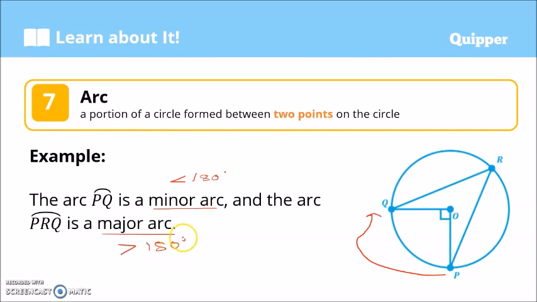So, ano naman ang tawag kapag ka-equal to 180 degrees? That arc is a semicircle. Okay, kalahati ng circle. Now, minor arcs are named using 2 points. Okay, just like we have arc PQ. So, 2 points lang yan. If we have an arc that's named with 3 points, PRQ, then that is a major arc.